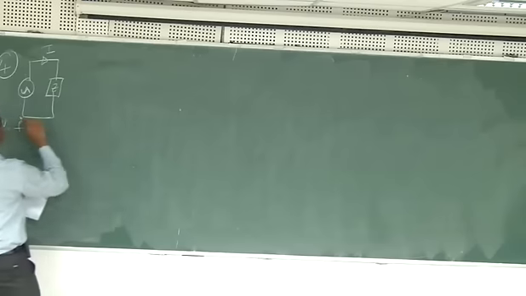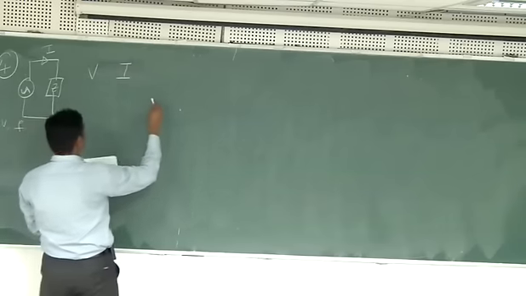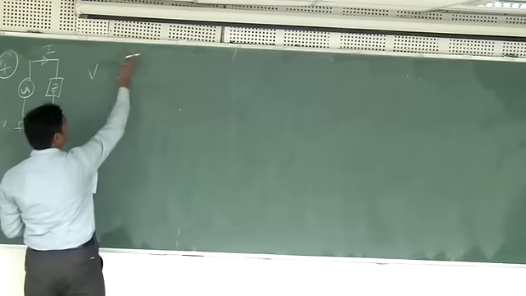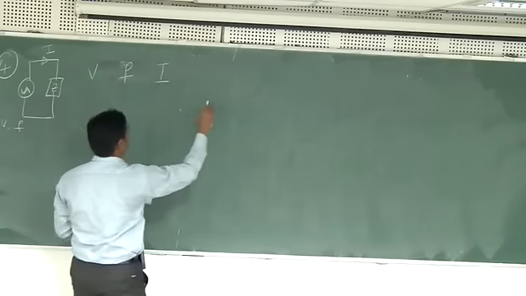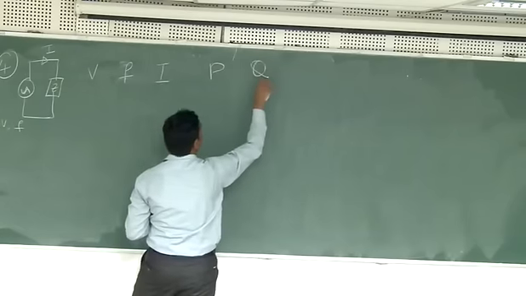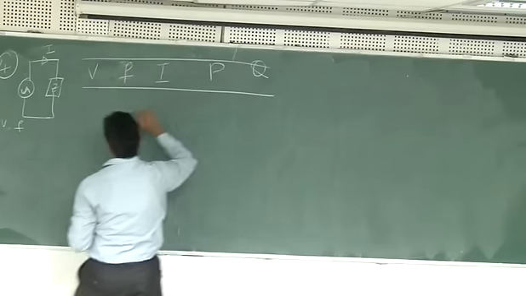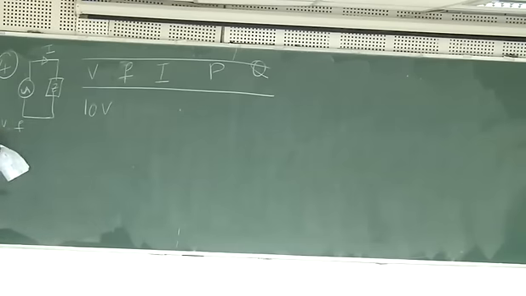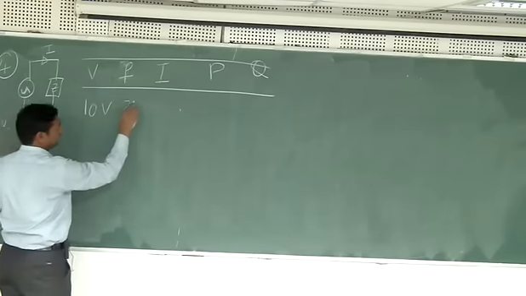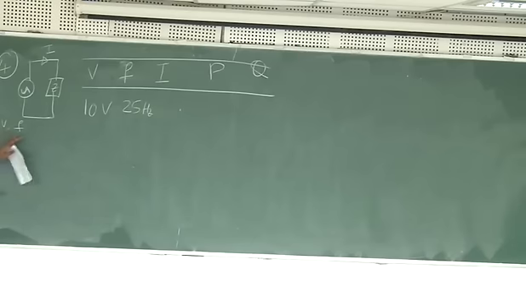Okay. So now if I make a small table, I'll put the frequency, then I, and then P and Q. First case, I'll apply 10 volts AC with 25 hertz frequency to some impedance.